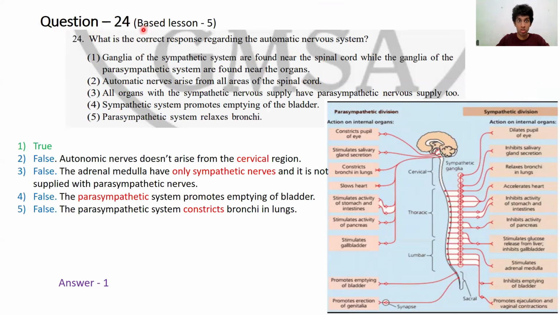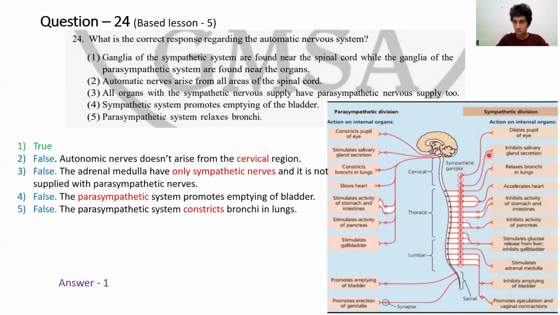Question number 24. It is based on the fifth lesson. What is the correct response regarding the autonomic nervous system? Number 1. Ganglia of the sympathetic system are found near the spinal cord, while the ganglia of the parasympathetic system are found near the organs. So in this diagram, you can see this is the parasympathetic division and this is the sympathetic division.